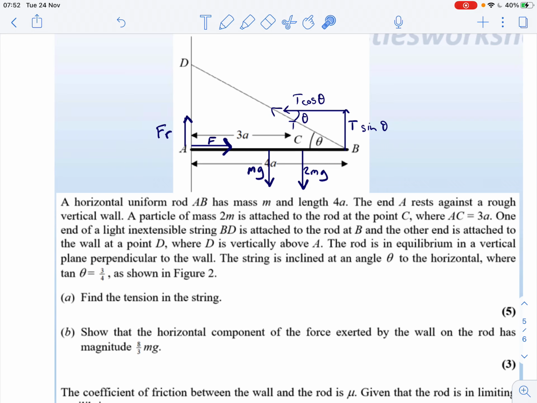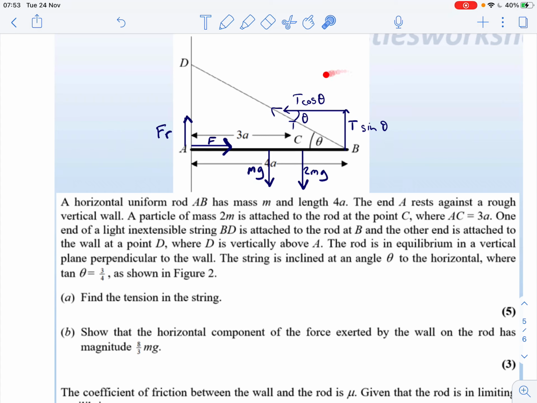If I compare horizontally, I don't really know what this force is, so I would have two unknowns. If I resolved vertically, I'd have two unknowns with T and F, and remember friction is going to be mu times F, but I don't know what mu is either. If I took moments around B, well, that would be no good because I'd eliminate T straight away. So by going around A, I have mg, 2mg, and T.